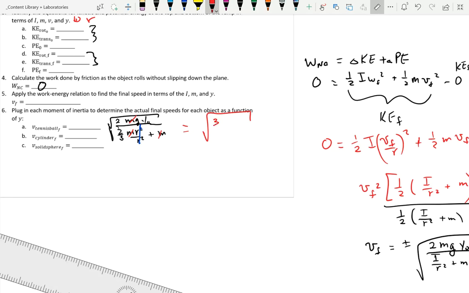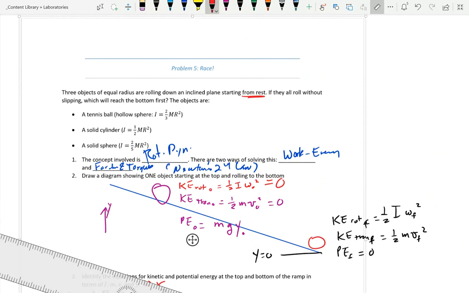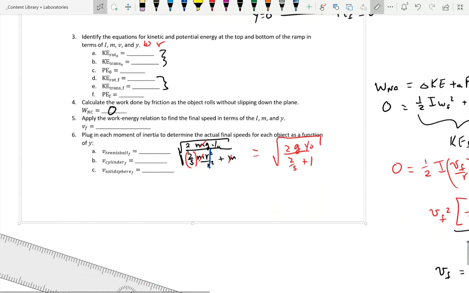I have 3GY0. Oh, wait, nope, can't put the 3 up there. 2GY0 over 2/3 plus 1. The 2/3 was in the moment of inertia. For the tennis ball, it was 2/3 MR squared. This M here, when I canceled the M's, it became a 1.